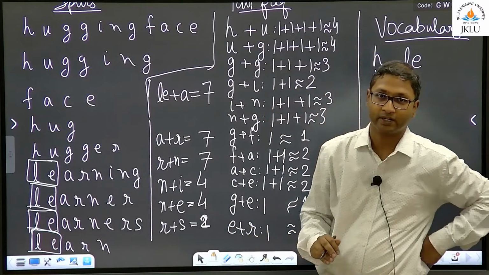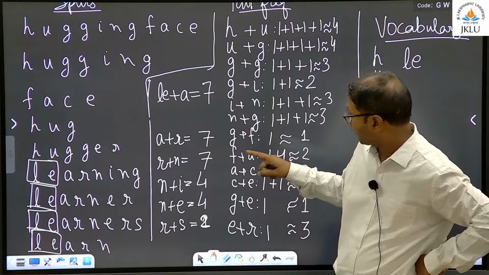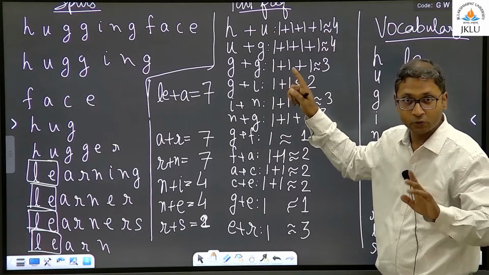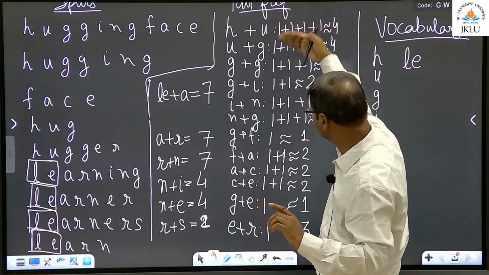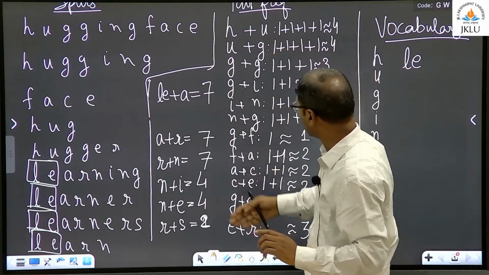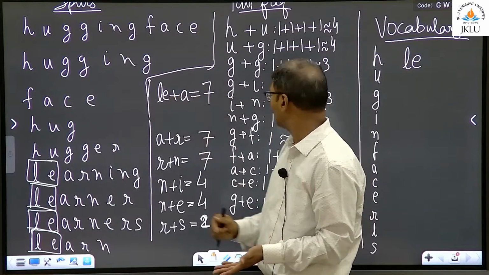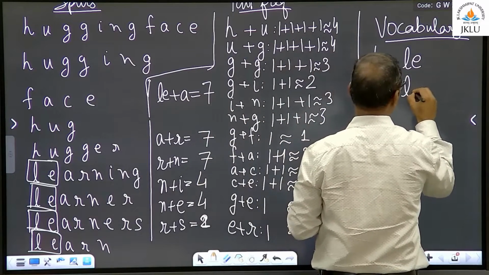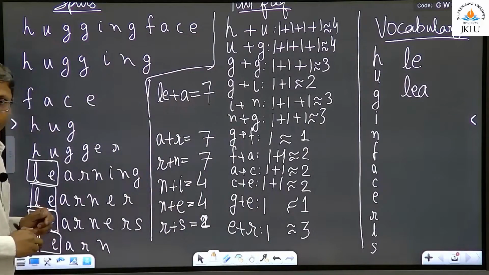I hope I am doing it right. Yes. Okay. What next? So we are done with this new thing. Now I need to go over these frequencies again. Which one is highest? 7. LEA occurs for the first time. So LEA now becomes here. Okay.